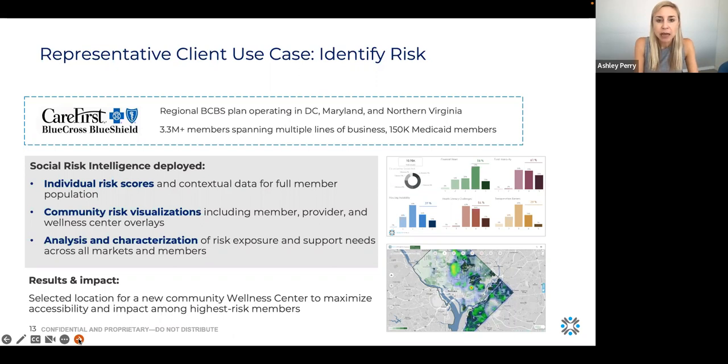Their focus really to date when they think about quantifying risk has been looking across that full market footprint and understanding the contours of social risk across that full population and that full market. And so that's where we started with them, generating individual-level risk scores for their full member population, sharing that data back with their team, and then also looking from the community side at the three markets that they're serving and identifying subsets of that market where we're seeing a real concentration of risk across either a specific domain or multiple domains.